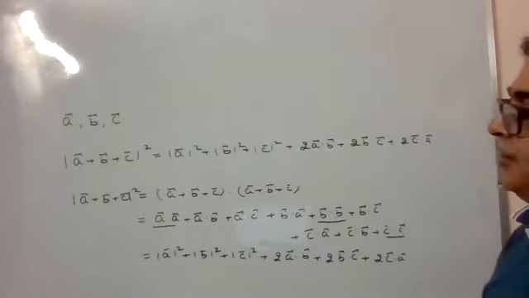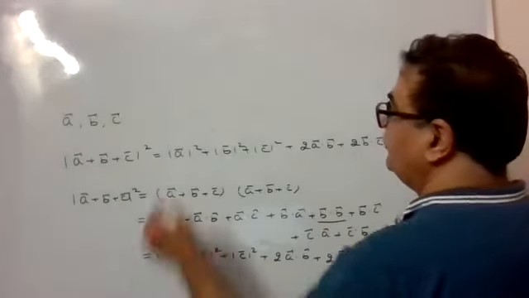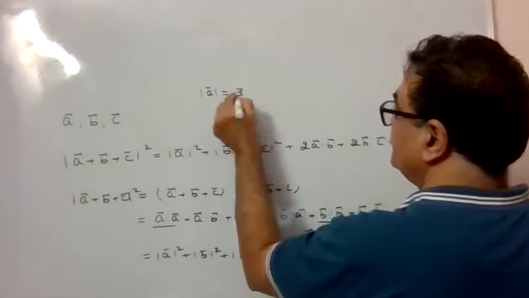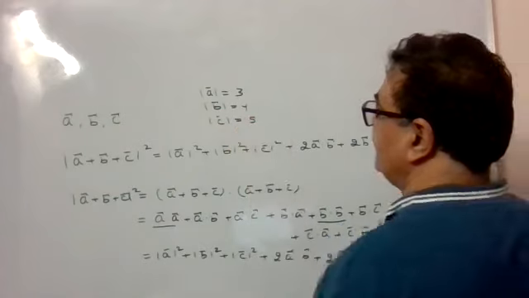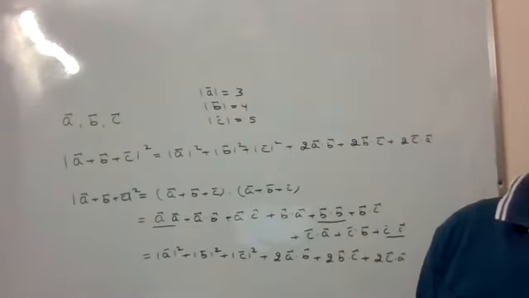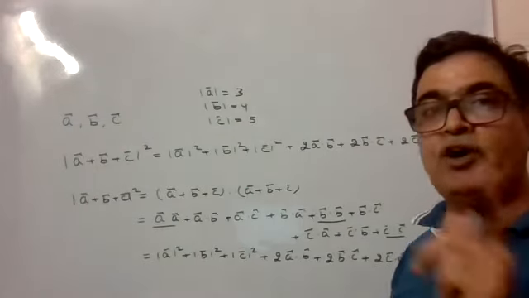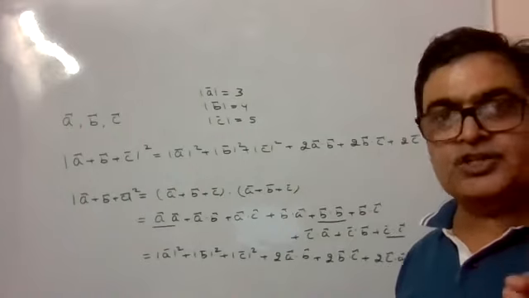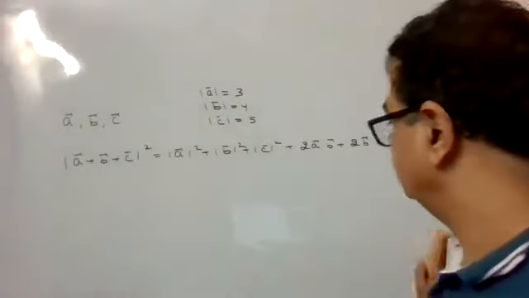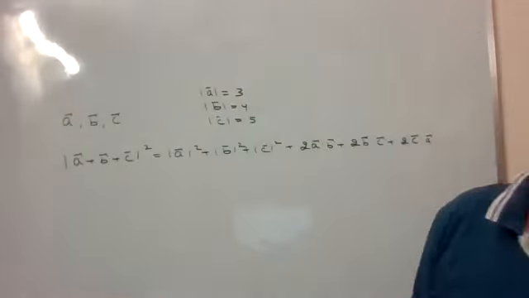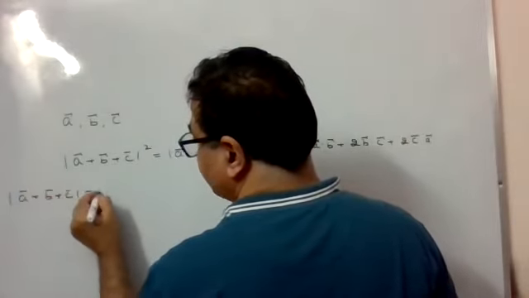If A, B, C are three vectors with their magnitudes 3, 4 and 5 (magnitude of A is 3, magnitude of B is 4 and magnitude of C is 5), and each one is perpendicular to the sum of the other two, then you should prove that the magnitude of A plus B plus C is 5 root 2.